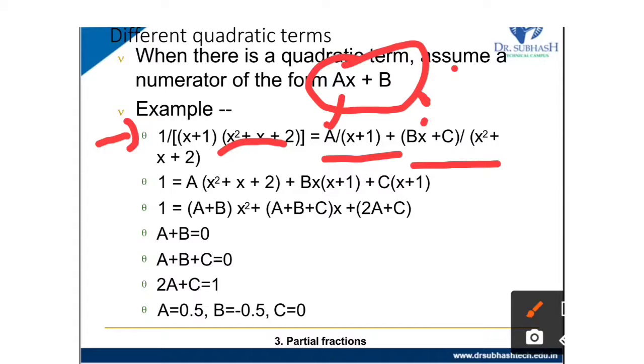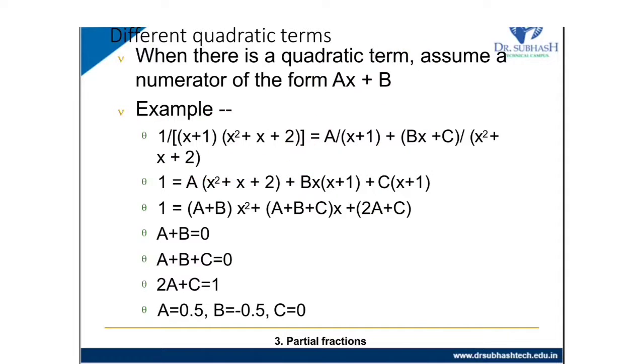Now the denominator will be multiplied with this term, because it is in the denominator and goes to the other side of the equal sign, so it will be multiplied in the numerator. So here we get 1 equal to a multiplied by the whole term. So x plus 1 will be cancelled and a is multiplied by x square plus x plus 2.